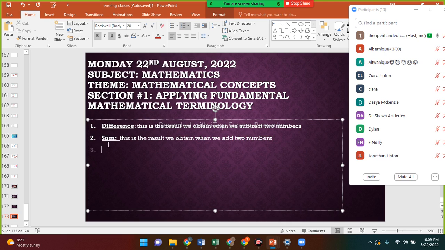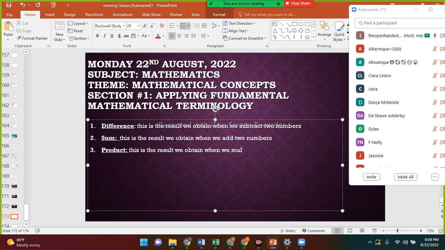Deja, what do you mean by product? That's the answer you get when you multiply two factors. So this is the result we obtain when we multiply numbers.